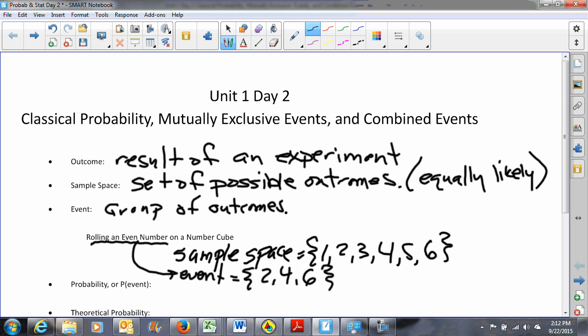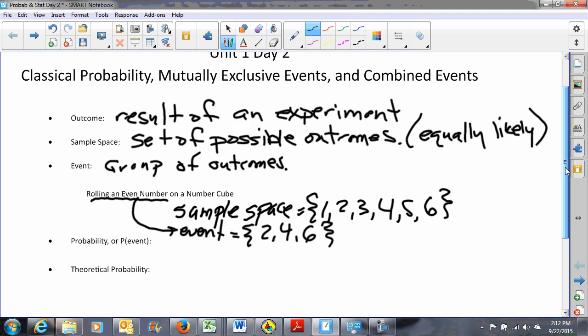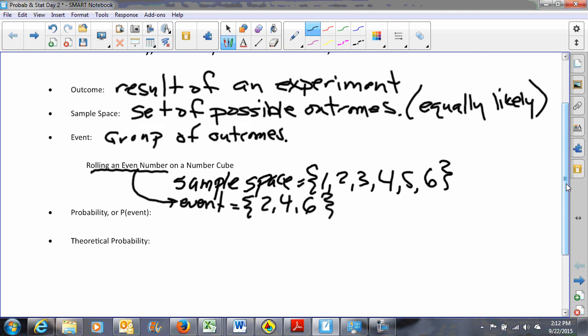Now, probability, the probability of an event is the mathematical measure of how likely it is that the event will occur.